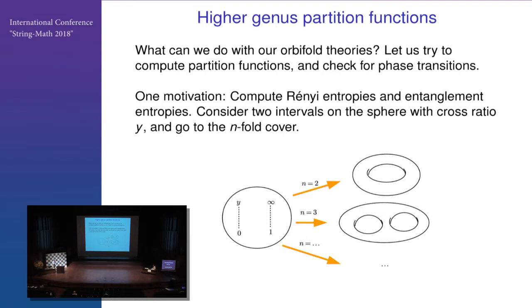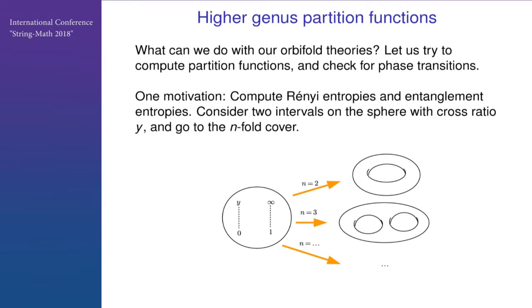In particular, what we'll be able to do is genus 1, which will be very straightforward, but we're also able to compute genus 2. So partition functions per se can be interesting. If you want a slightly more specific motivation, you can think of our goal as being able to compute Renyi entropies and maybe eventually, by analytic continuation, also compute entanglement entropies.